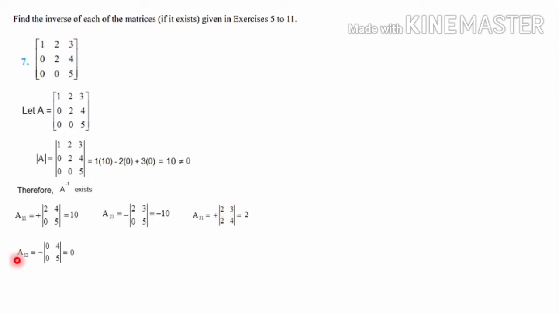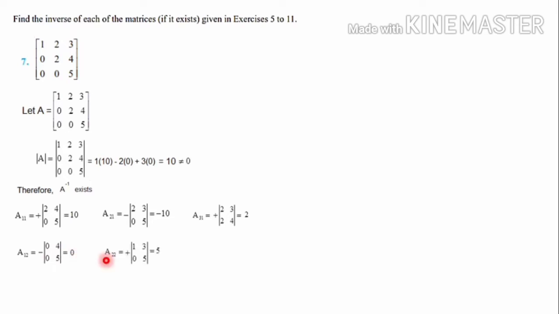Next is the cofactor of the element A12. The A12 element is 2. That row and column is gone. The remaining elements are 0, 4, 0, 5. The sign is minus because 1 plus 2 is an odd number. 0 into 5 is 0, minus 0 into 4 is 0. 0 minus 0 is 0.